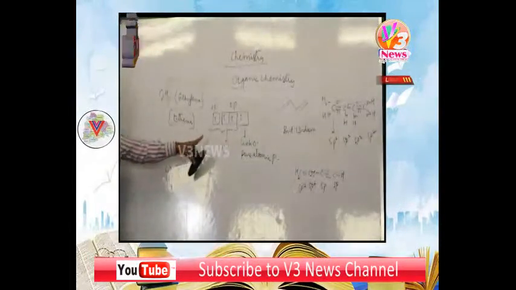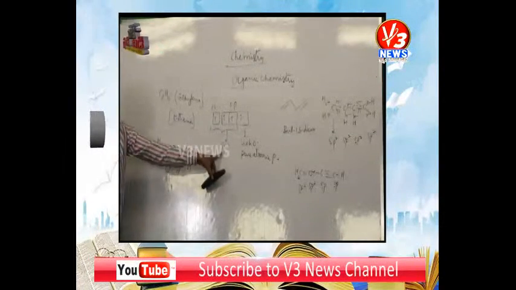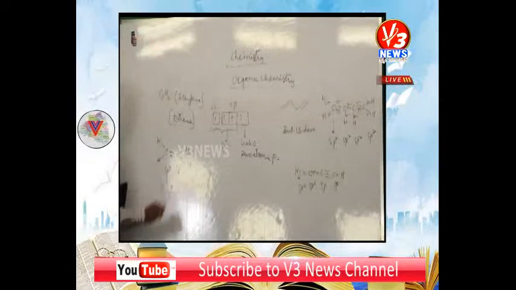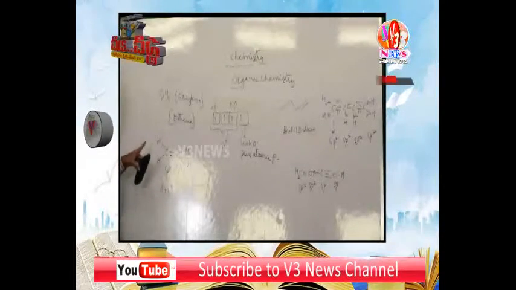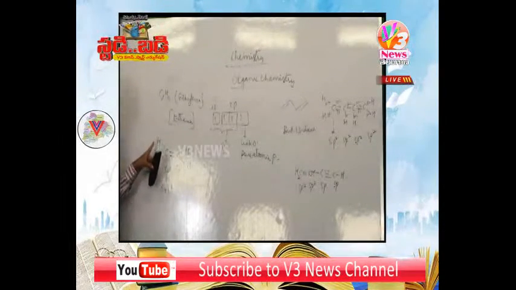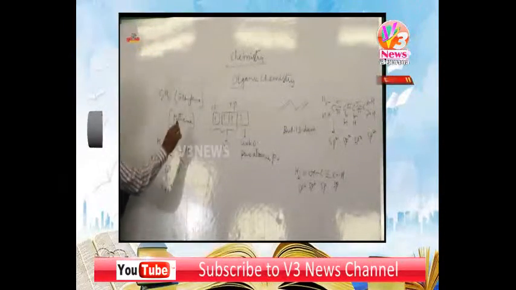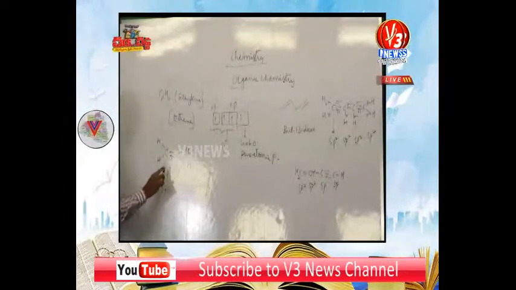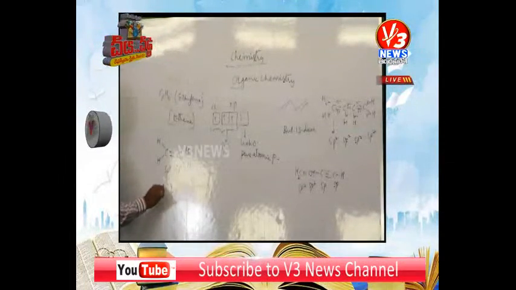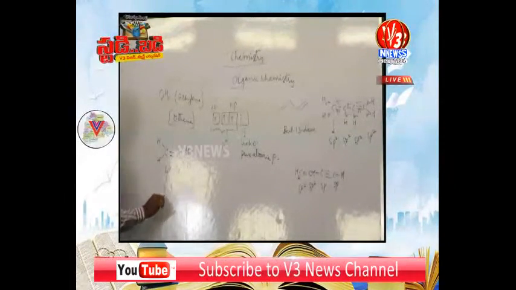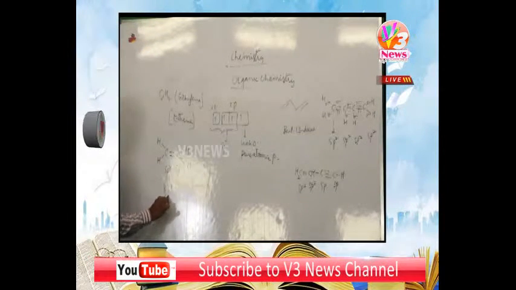Then if we take the number of sp2 hybrid orbitals, at each carbon 3 sp2 hybrid orbitals plus 1 unhybridized orbital. Similarly, s orbitals of hydrogen atoms do not get involved in hybridization. So here the number of hybrid orbitals is 3, unhybridized at each carbon 1, and 2 hydrogens 2.